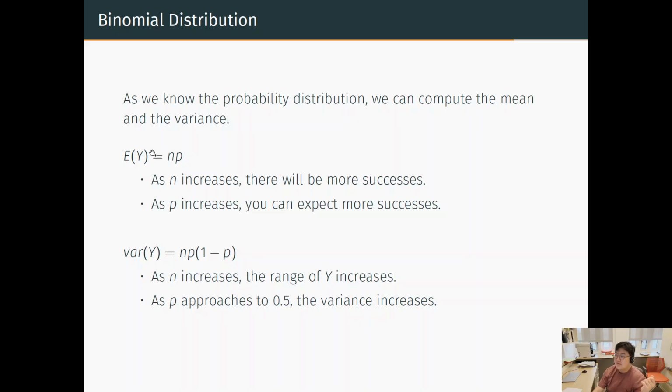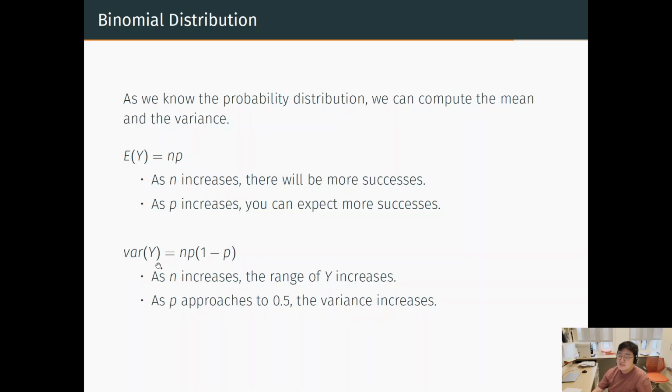The expectation of a binomial random variable is n times p. So if you try n times and you succeed with probability p, if you multiply them, that is the expected number of successes, right? So if you try more, or if the probability of success is higher, you are going to get a better expected number of successes.